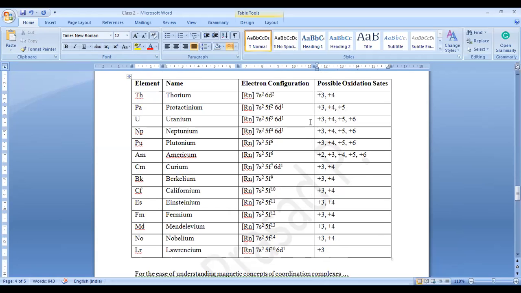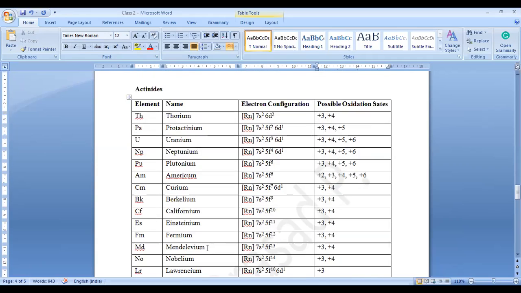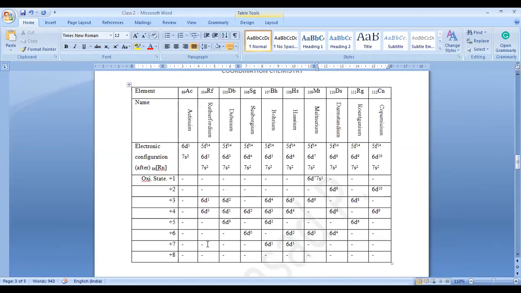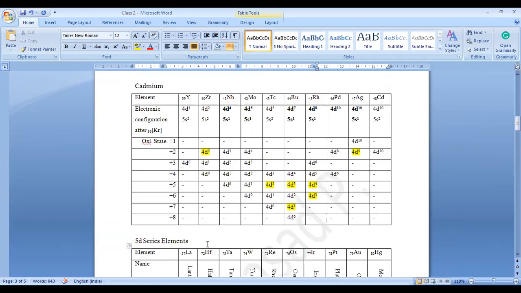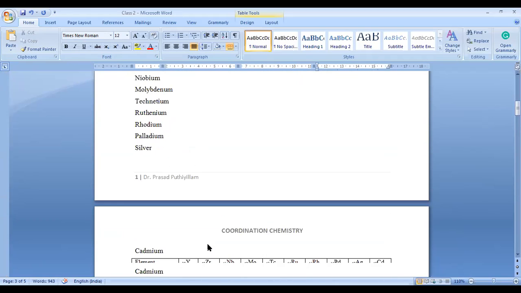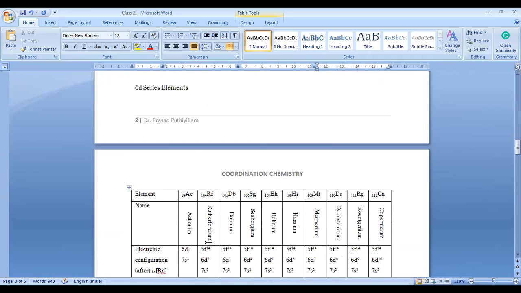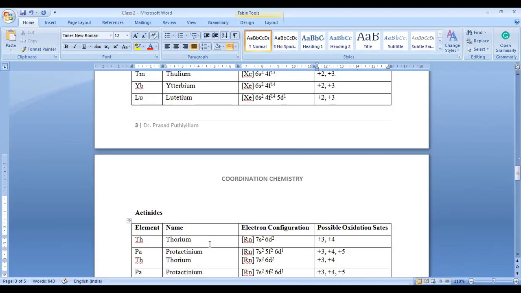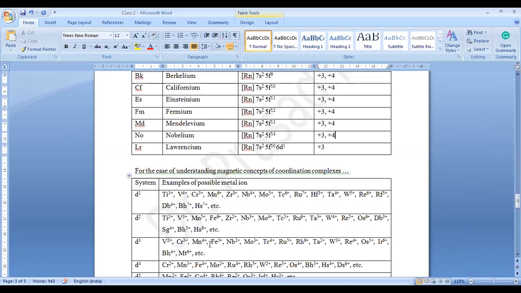Okay, so we have to use some methods to remember all these possible oxidation states. We drew the electronic configuration and possible oxidation states for most of the 3d series, 4d series, 5d series and 6d series elements. Then for lanthanides and actinides, the possible oxidation states are also given, so that you can give the possible electronic configuration.